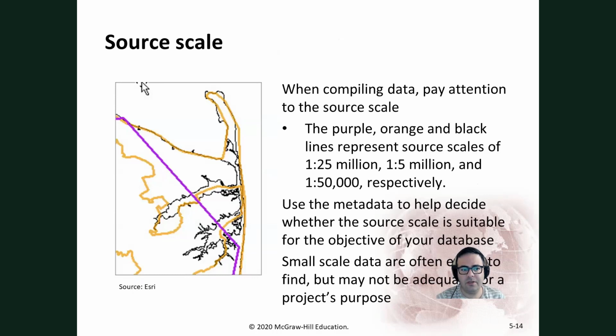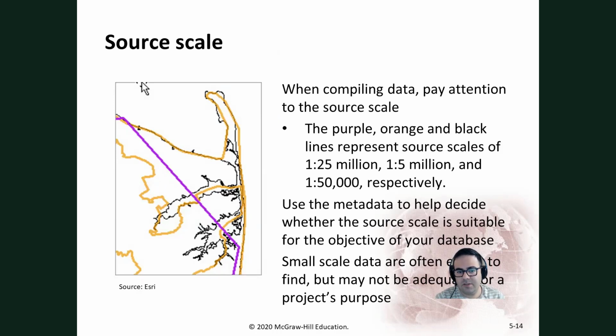Very important to touch base on the idea of scale in GIS. So when we talk about the source scale, we need to pay attention to the actual scale of the data. So if you have a large scale data, and these are representing some of the scale values, so 1 over 25 million, 1 over 5 million, 1 over 50,000.